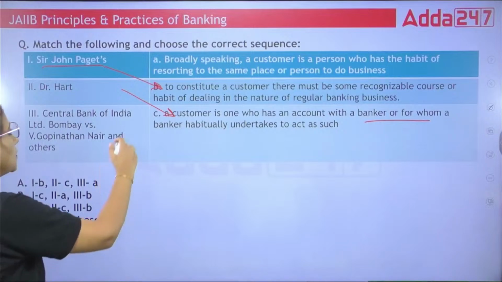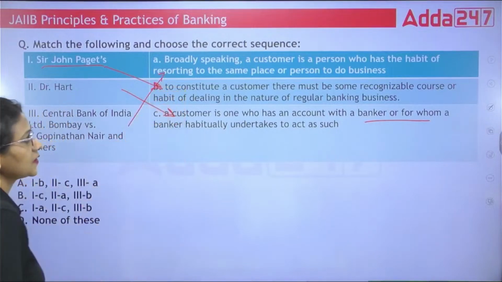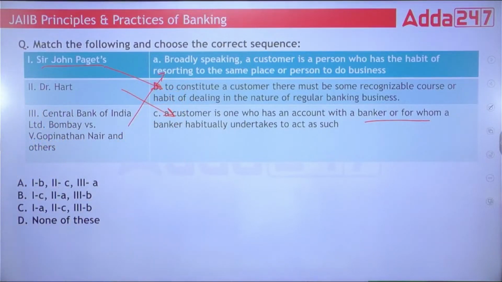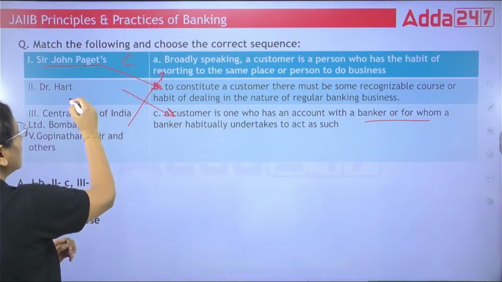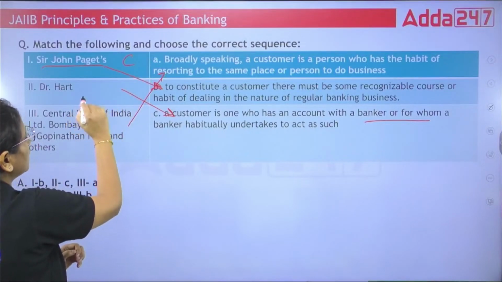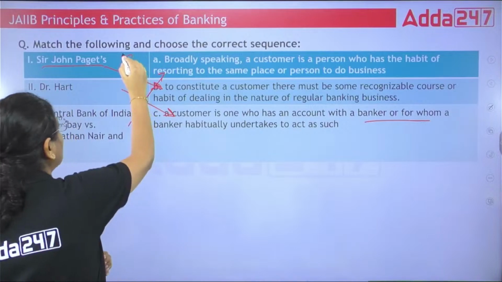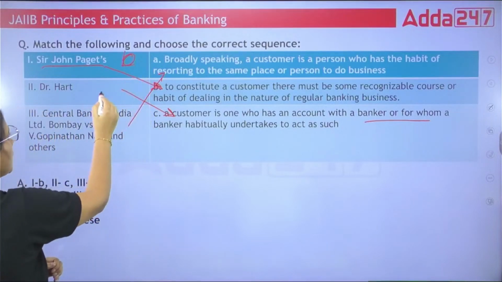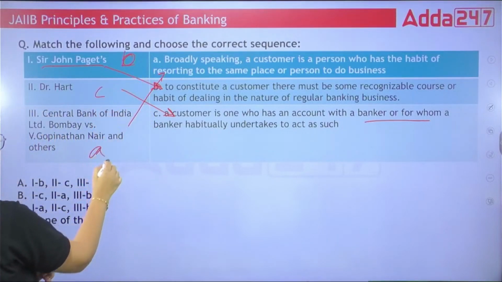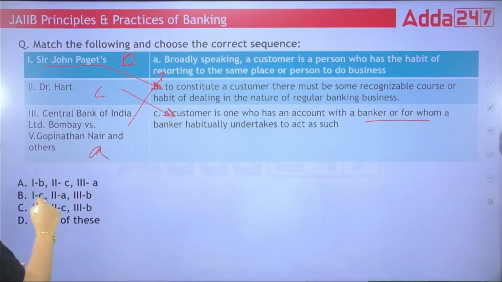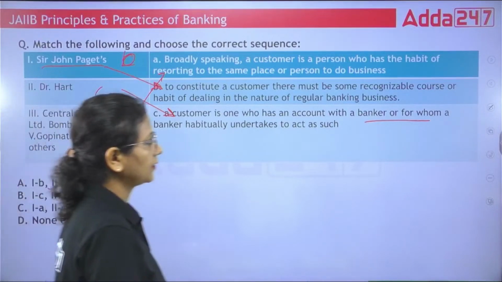And Central Bank of India, broadly speaking, a customer is a person who has the habit of resorting to the same place or person to do business. So it is 1B, 2C, and 3A. And so the right answer will be A.